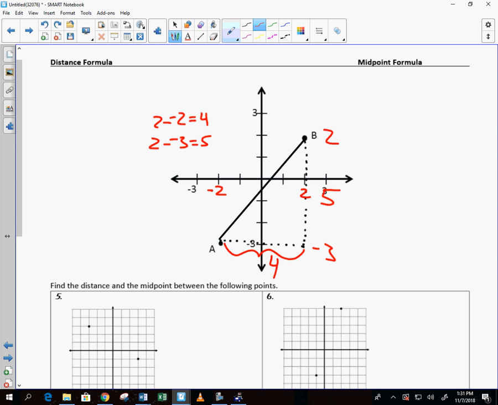Here is the formula that we use. Distance is equal to the square root of, and I'll give this to you on the test. You don't have to memorize the formula, but it's simply the Pythagorean theorem. Look, to get 4, we subtracted the x values. x1 minus x2.